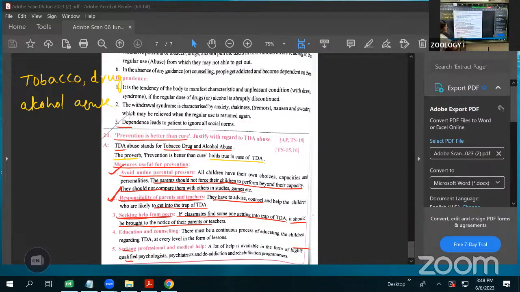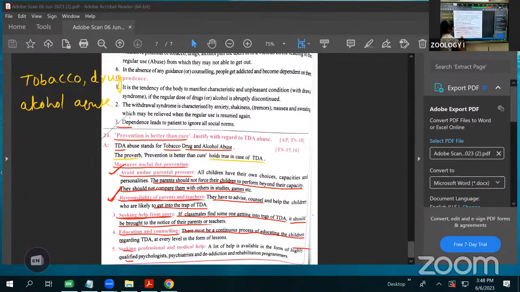Next is the fourth measure, education and counseling. There must be a continuous process of educating the children.